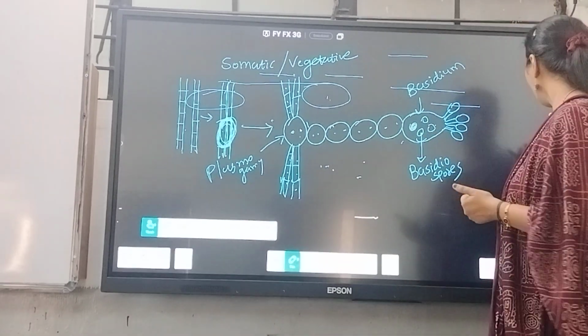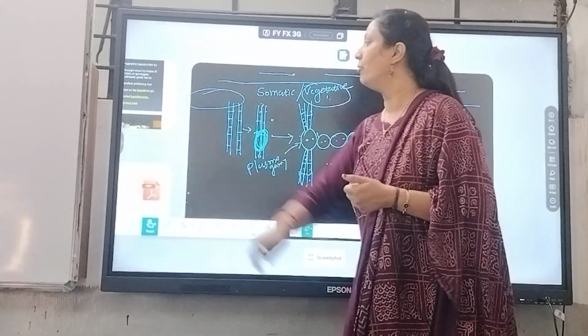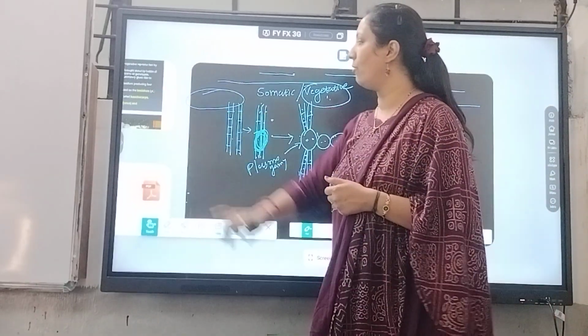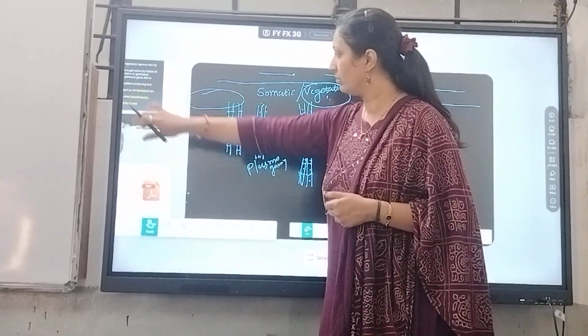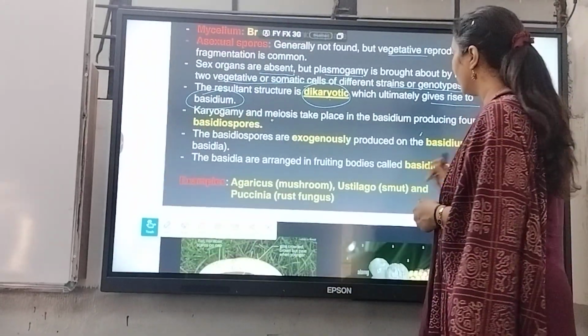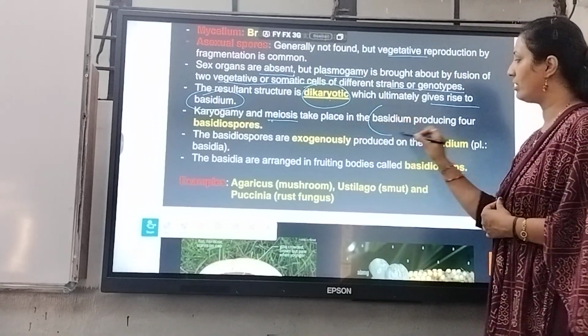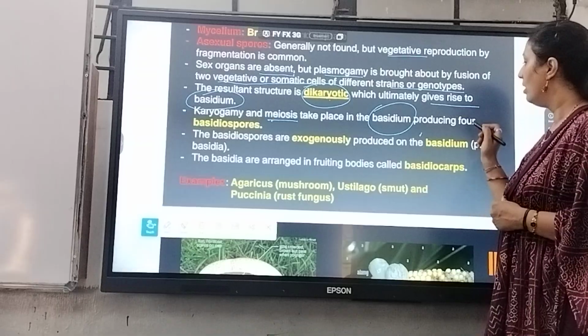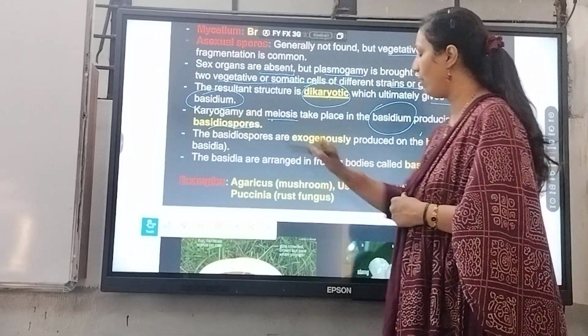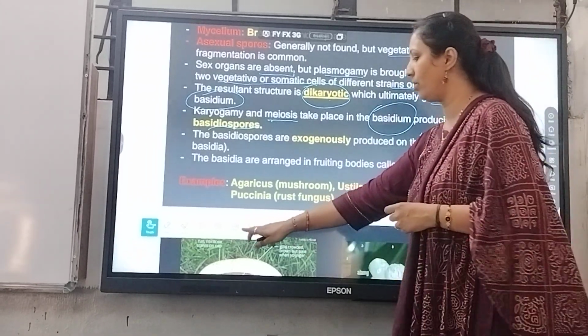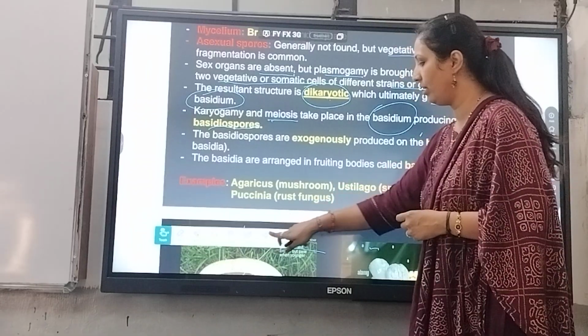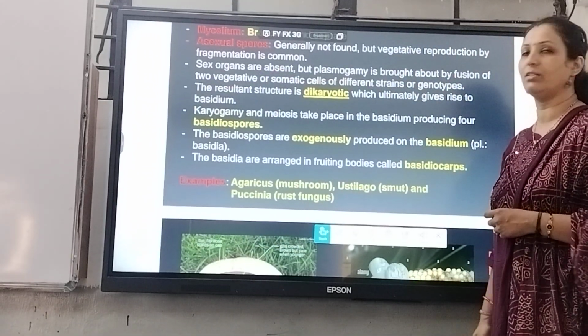And by meiosis, how many spores will be formed? 4 haploid spores will be formed. So karyogamy and then meiosis take place in the structure basidium, producing 4 haploid basidiospores.